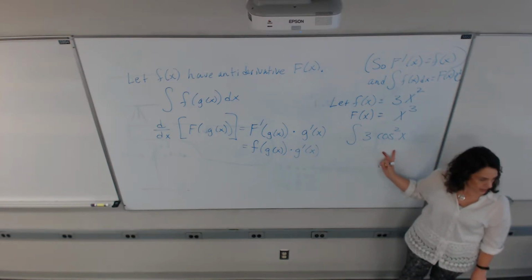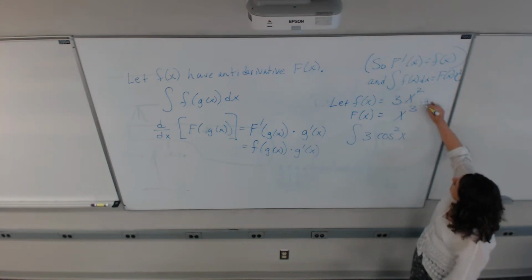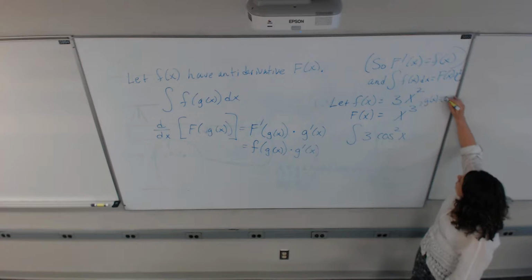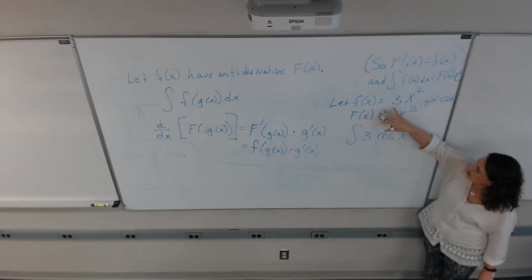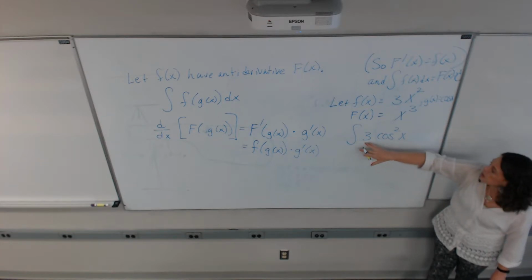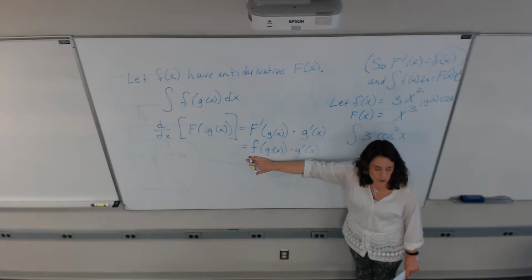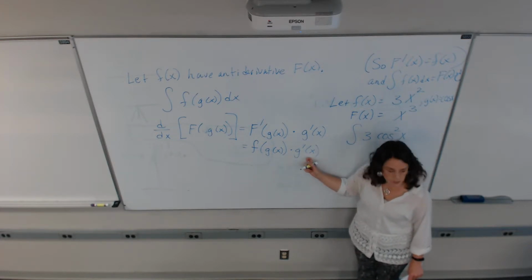Does everybody see that? If I let f be 3x squared and I let g be cosine of x, do you see that I have 3 times cosine squared of x? This part is f of g of x, composition like normal. But what am I missing in order to complete the integration? G prime.